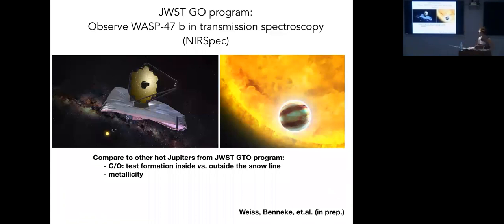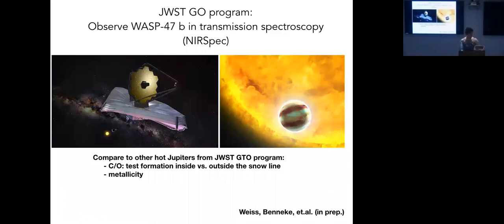In particular, we hope to test whether the C to O ratio is different between this planet and the other giant planets, and maybe that would help teach us whether it formed inside versus outside the snow line. And we'd also like to measure the metallicity in the atmosphere of this planet, which is interesting because the host star actually has a very high metallicity of 0.4 or something.